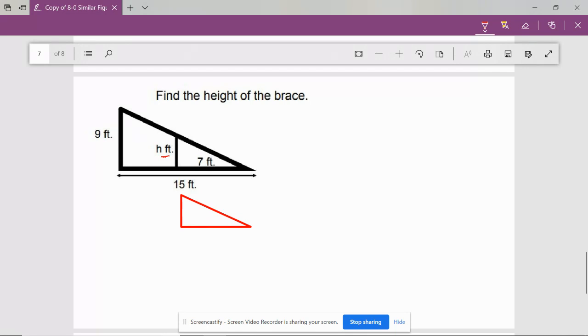So we have h and 9. So we have h over 9 is going to be equal to 7 over 15.